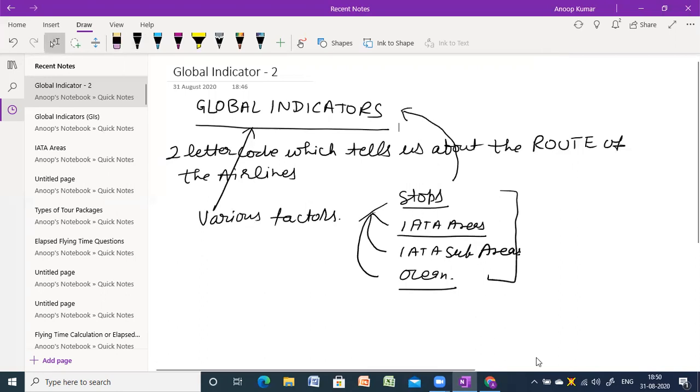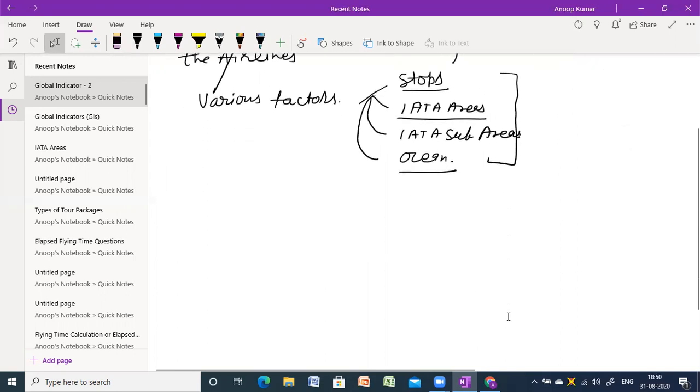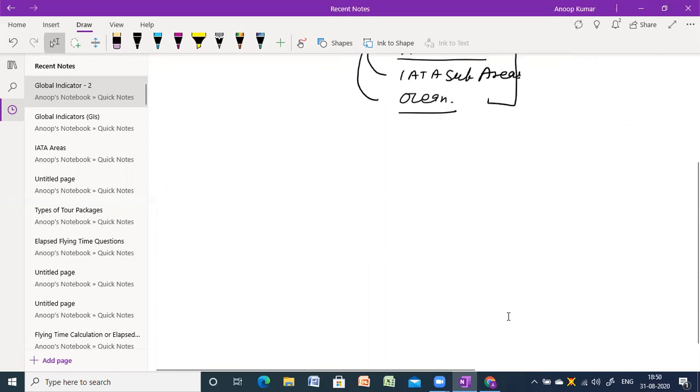Now before understanding the various global indicators, I just want to explain a map to you, and if that map is clear in your mind, you will be able to understand the topic better. So this map is very simple, and we know about the IATA areas: TC1, then we have TC2, and then we have TC3.